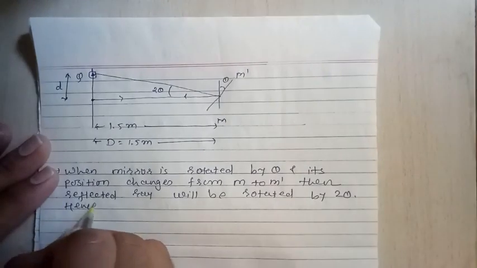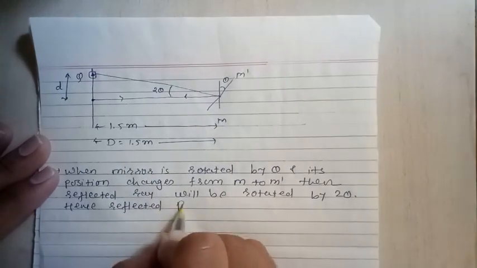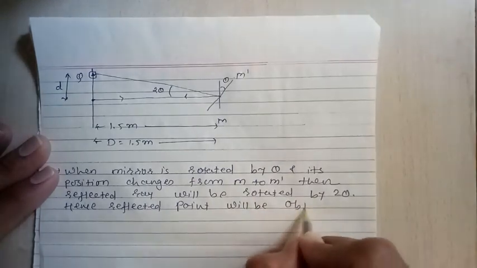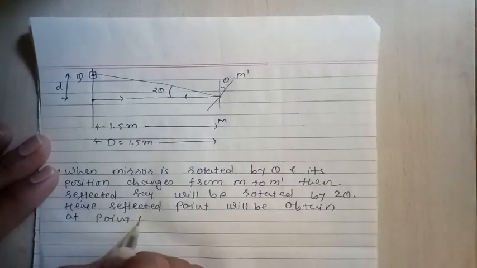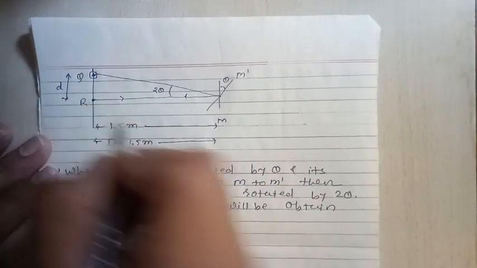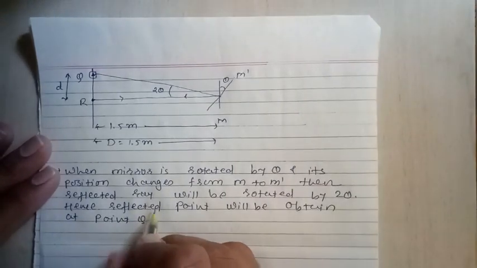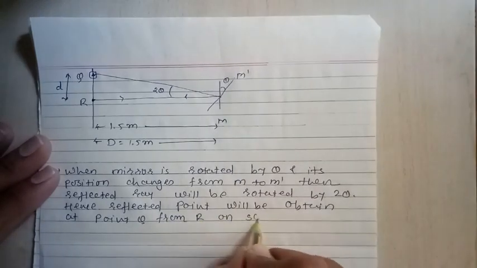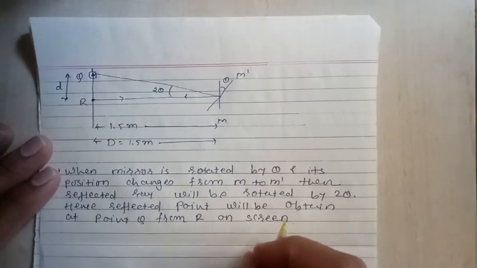Hence the reflected point will be obtained at point Q. In the initial condition the point is R, so we can say the point is Q from R on the screen.